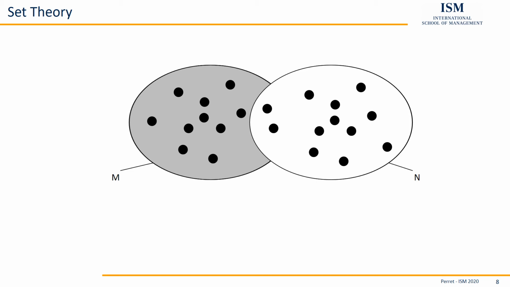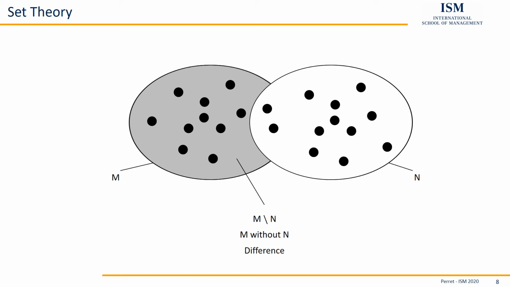So we only want to have the stuff which is inside of M. So we exclude the two elements which are in M and in N. And we're calling this, what remains, the so-called difference or difference set, or M without N.